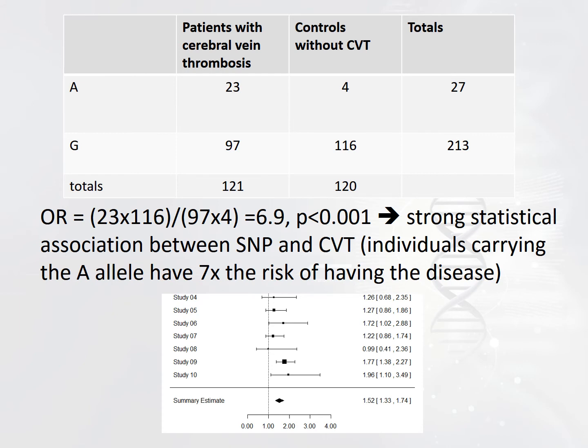Based on the calculations, we can conclude that individuals that have the A allele have a 7 times greater odds of developing the disease than those who have a G.